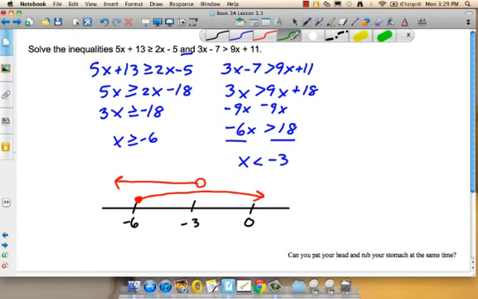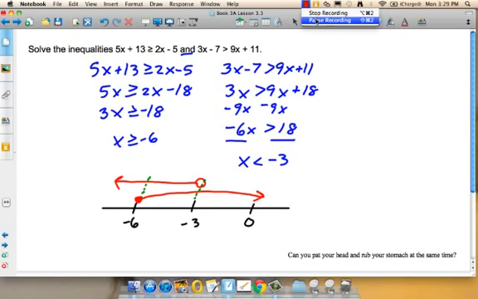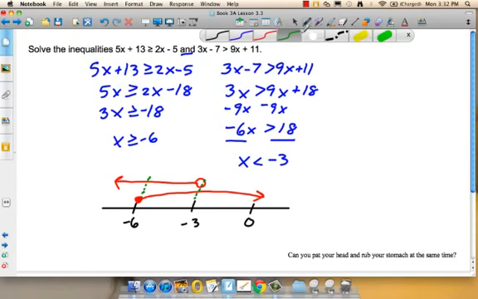And then what we see is that my solution is in between these values over here. So anyway, as I was saying, we have our solution. In this case, the solution is in between negative 6 and negative 3.